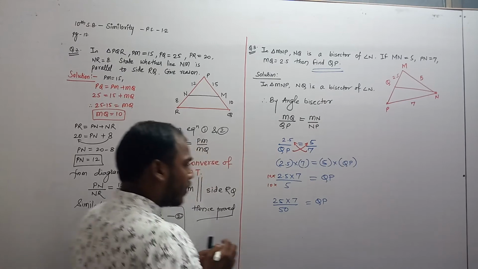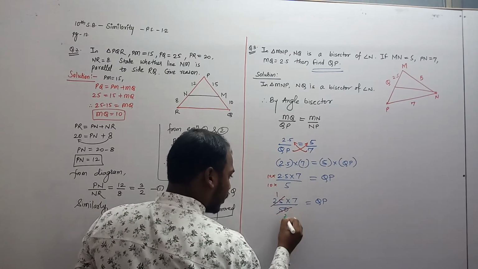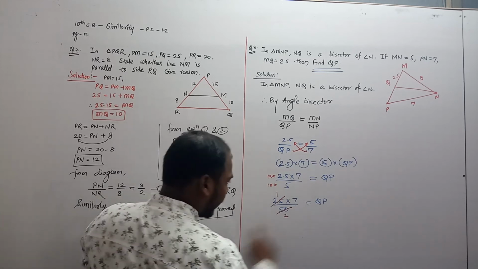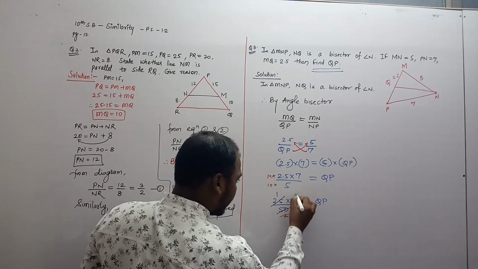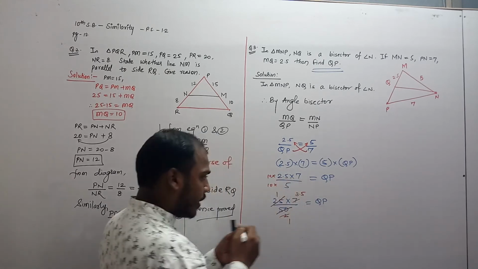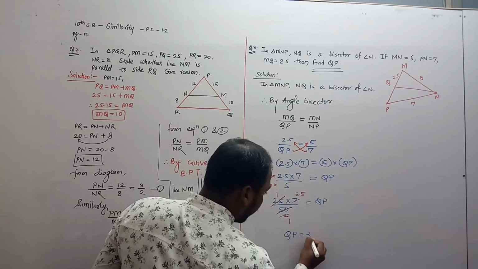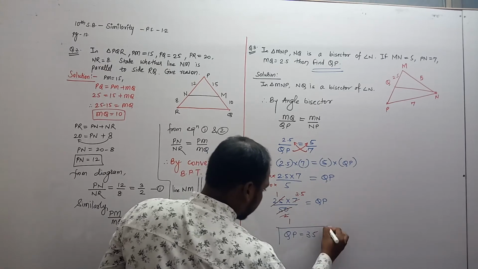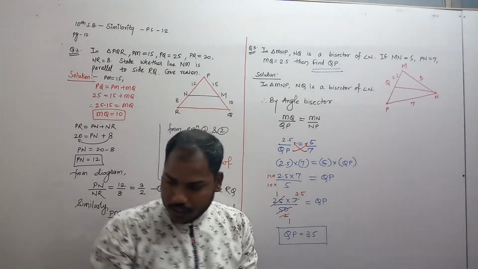If we go further, these two terms get cancelled, 25 ones and 25 twos. Now we have 7 divided by 2, which is 3.5. So we can write QP as 3.5. This is the value of QP. I hope this is clear.